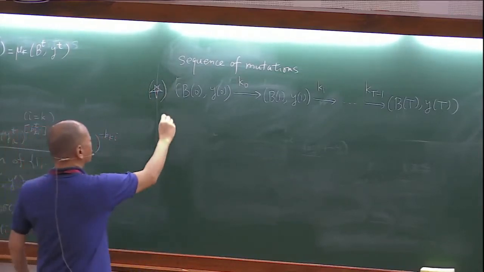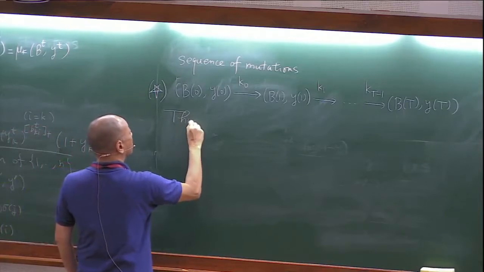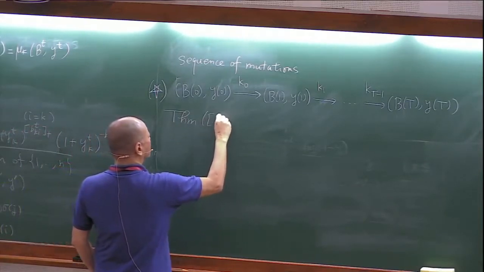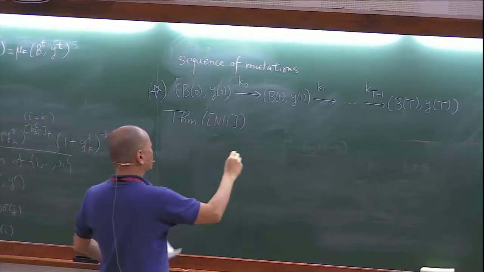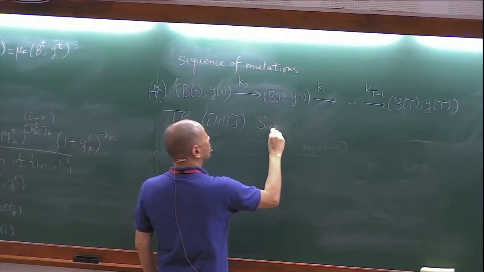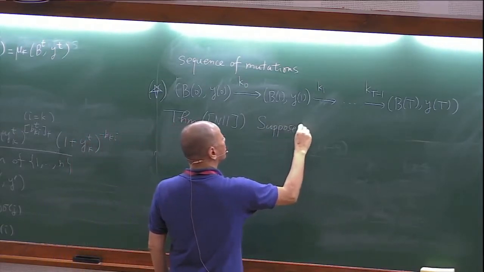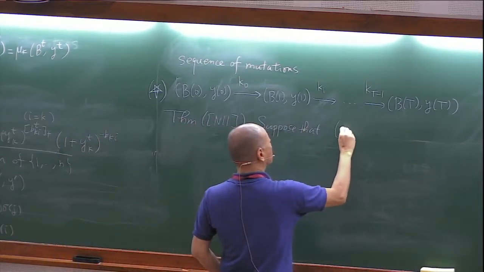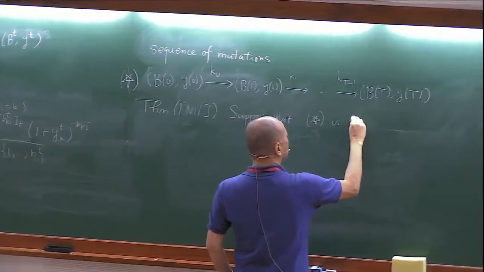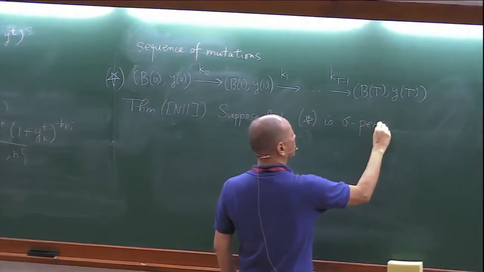And then the theorem, due to myself, the dilogarithm identity, is as follows. Suppose that this sequence of mutations is sigma periodic.